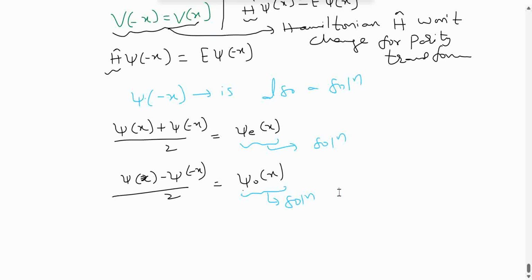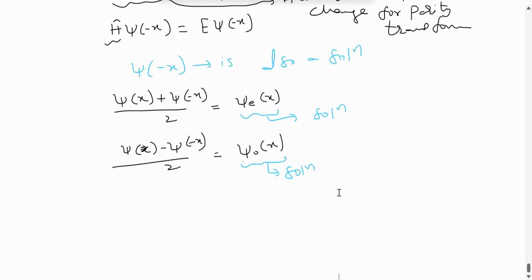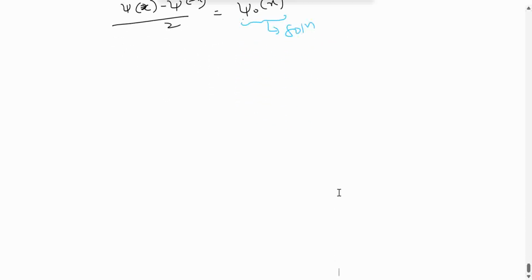Let's see the last property. This is giving the energy bound for E, which is determined by the potential.